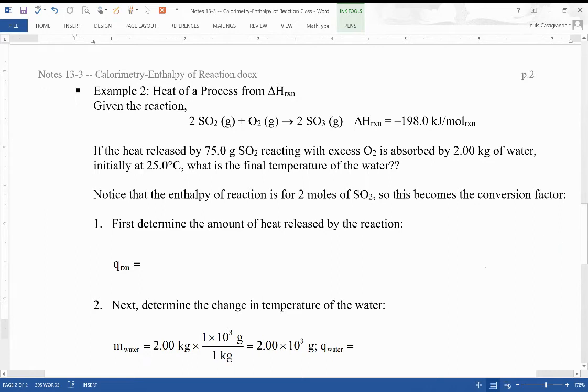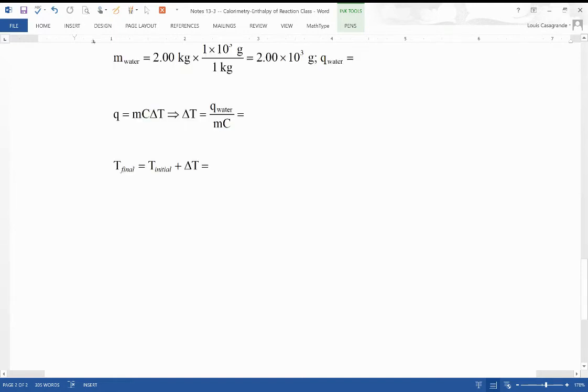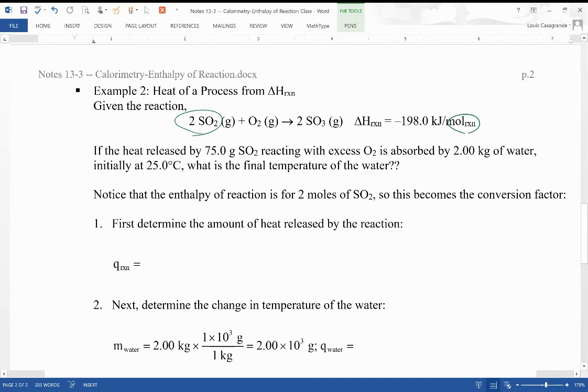So here we have some SO2, and I'm also going to illustrate one more thing in here. SO2 gas reacting with oxygen to make SO3, and the delta H of the reaction is negative 198 kilojoules per mole of reaction. Now that's per mole of the reaction as written. So if I'm going to look at SO2, that's also going to be, for every 2 moles of SO2.